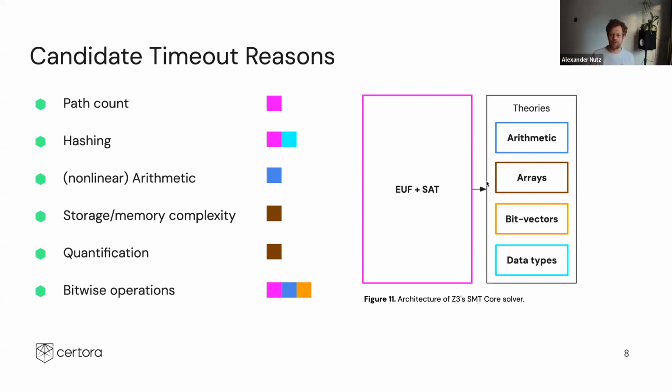That's kind of the array solver, which is a separate part of the solving. The quantification also ends up in that array solver, and bitwise depends a bit on how you run the tool where it ends up. So this is just a vague categorization of how a formula can be hard.